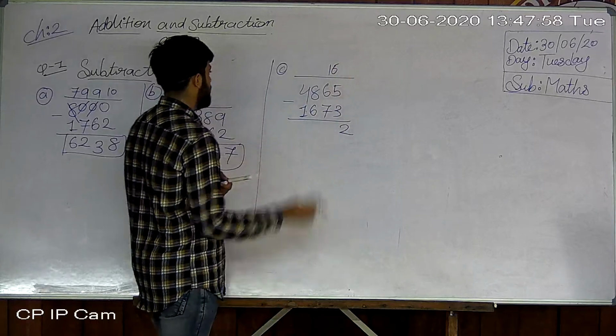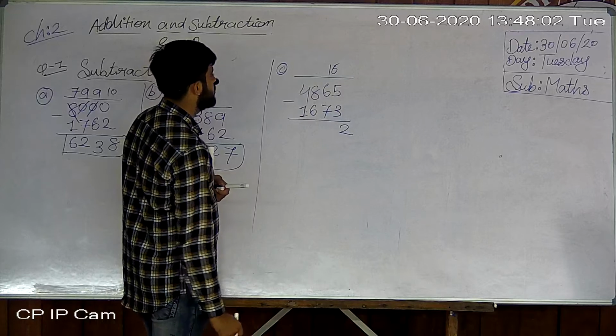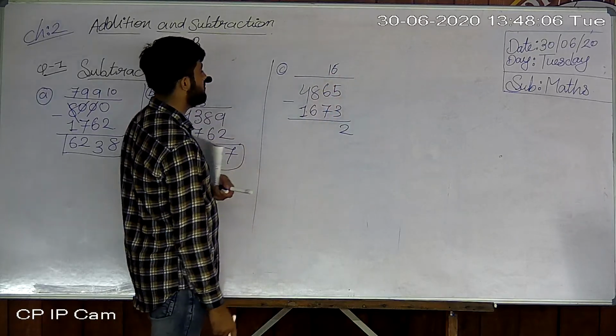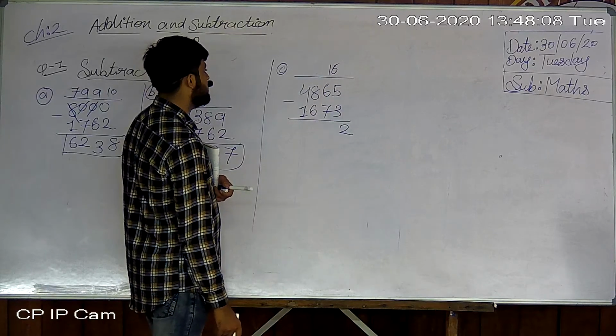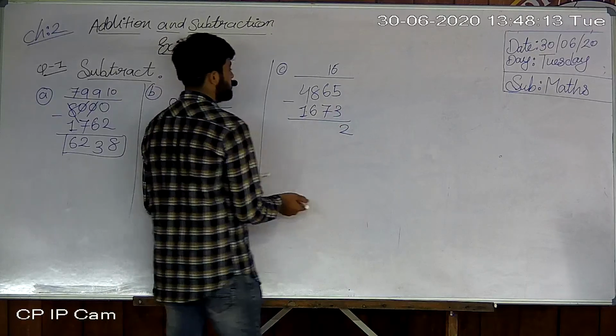Okay. So how many digits? 16 minus 7. So how many?